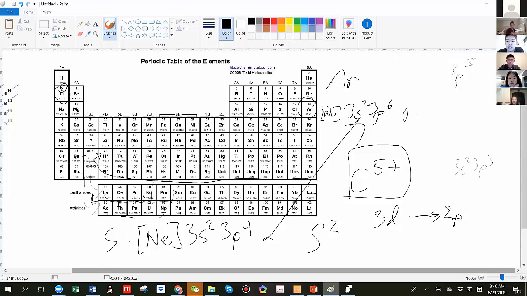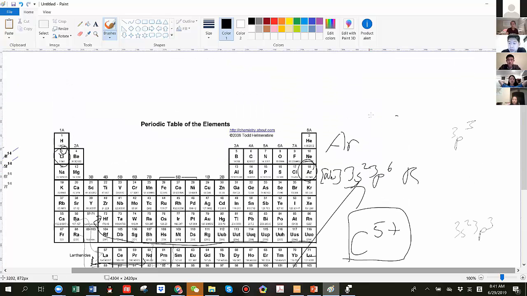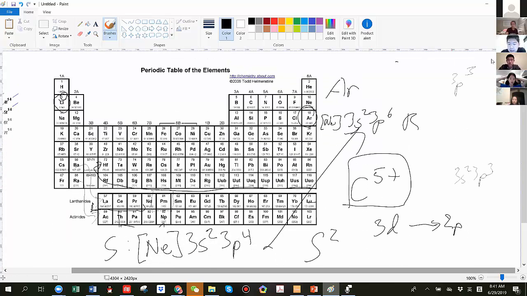So R is some constant, and then can someone tell me how many protons are in an atom of carbon? The periodic table will be helpful in answering this question. Yep, 6. So it's R times 6 squared times 1 over, so what's nf?